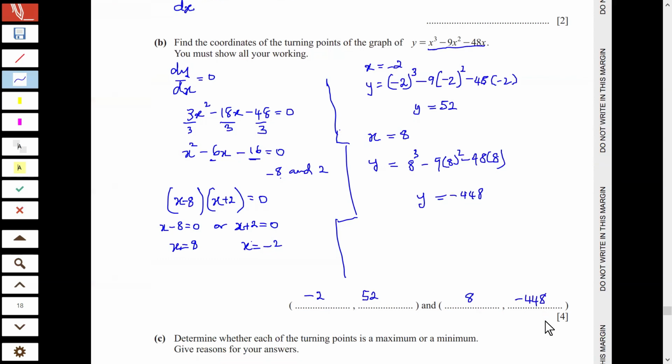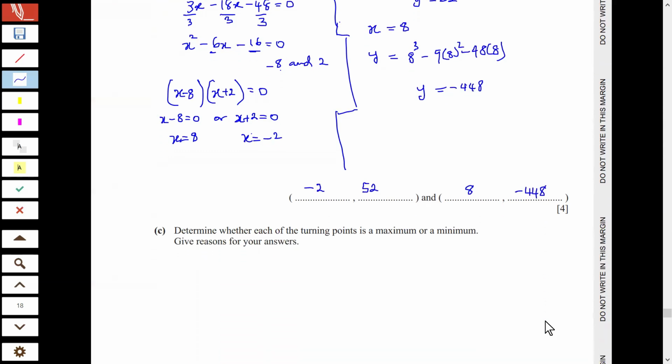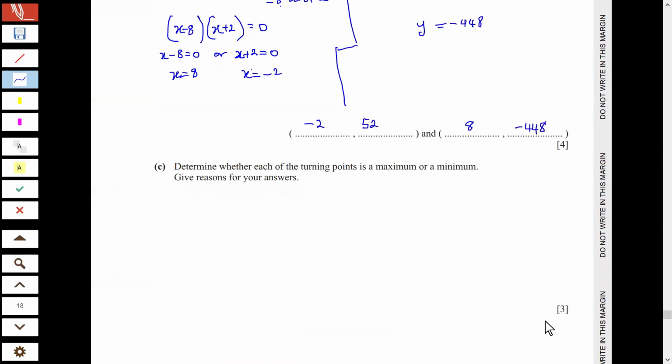So now to the very last question, and that's C. We have to determine whether each of these turning points is a maximum or a minimum, and give reasons for your answer. To determine this, there are certain conditions we need to understand.